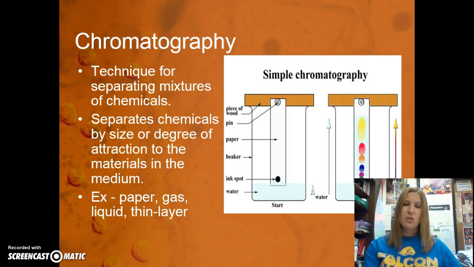We do this when trying to separate out pigments on a leaf, where we can watch the pigments travel up the paper. In this picture, they're showing water as a solvent, but for pigments on leaves, we use an alcohol-based solvent to move those pigments up. So the types are paper, gas chromatography, liquid chromatography, and another form, which is thin layer.